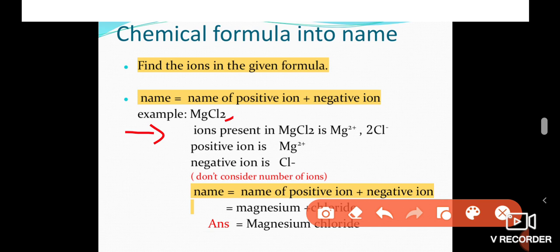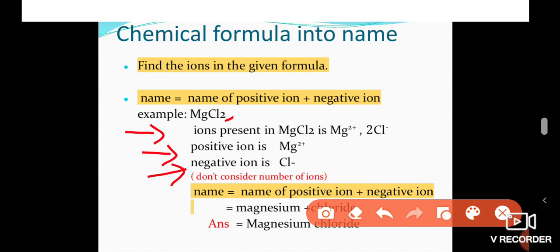So chlorine is a negative ion, that is Cl-. How many chlorine atoms are present in it? 2 chlorine atoms. So 2 Cl- ions are there. So the positive ion is Mg2+, the negative ion is Cl-.